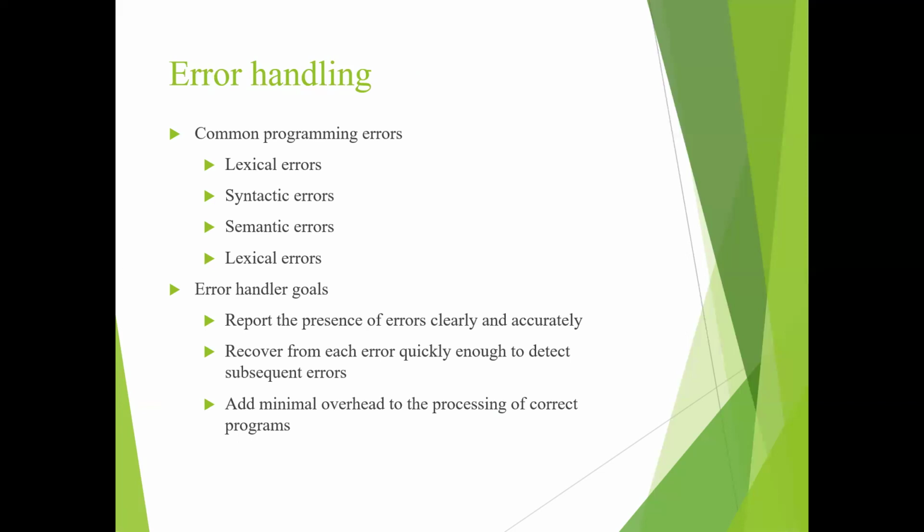Then, when the parser generates the parse tree, it will handle errors. What types of errors will it handle? These are lexical errors, syntactic errors, semantic errors, and logical errors. What do we mean by lexical errors?